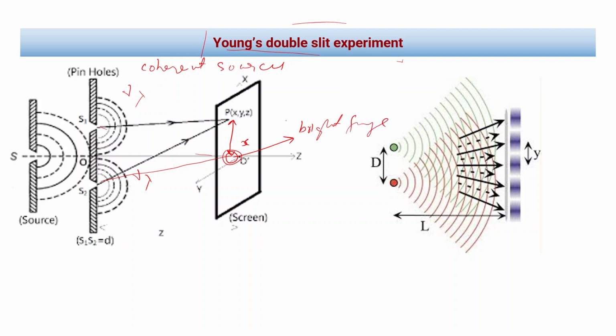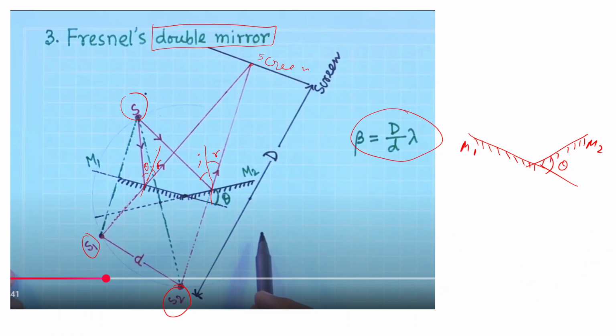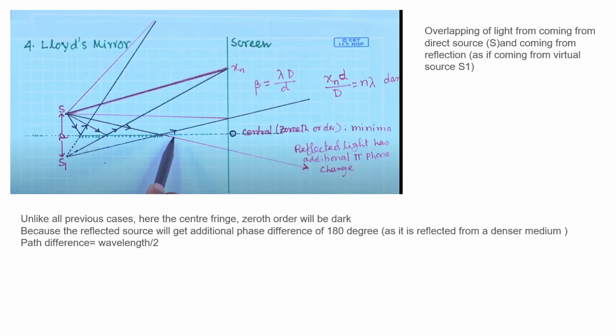For the double slit experiment and Fresnel's biprism, at the center the path traveled is the same, the phase difference is 0, and we get a bright fringe. The same happens for Fresnel's double mirror also.